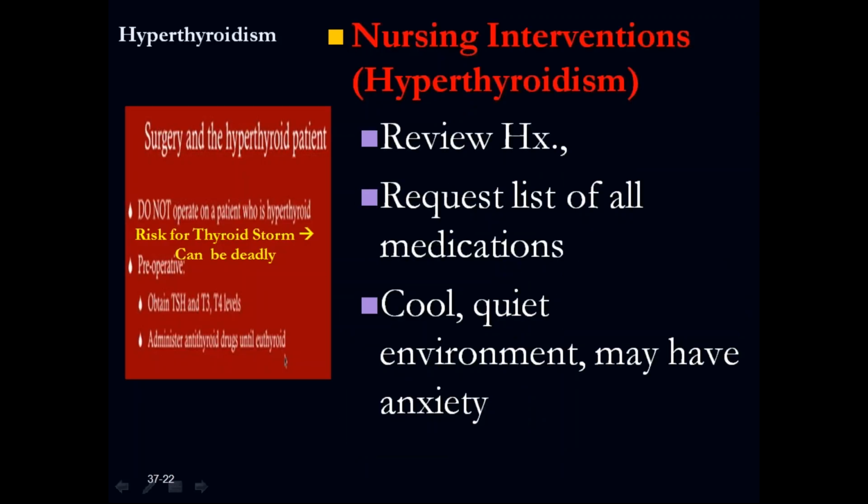So we have nursing interventions for hyperthyroidism. Review history as the previous one. Request a list of medications. The patient needs to have a cool, quiet environment. Maybe they're anxious.